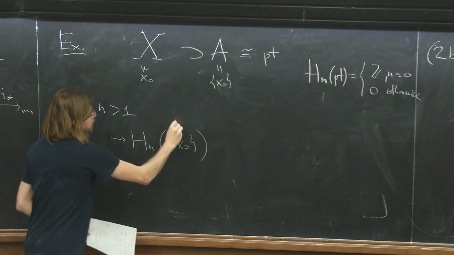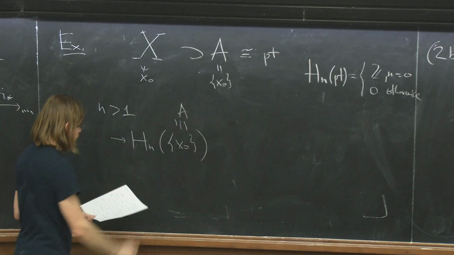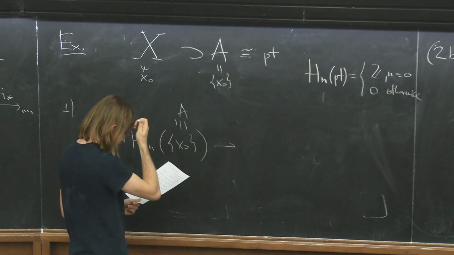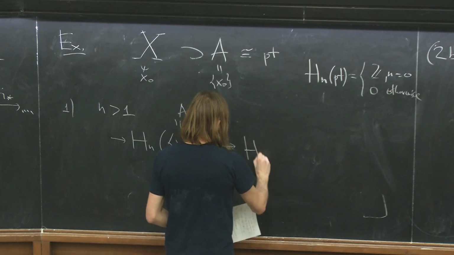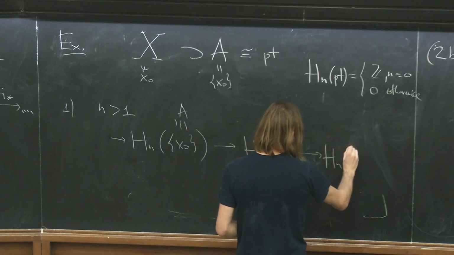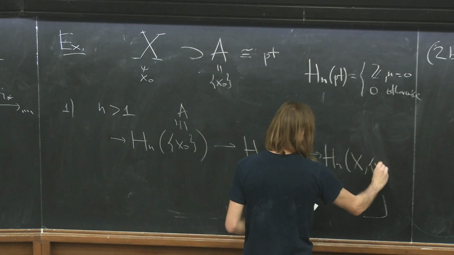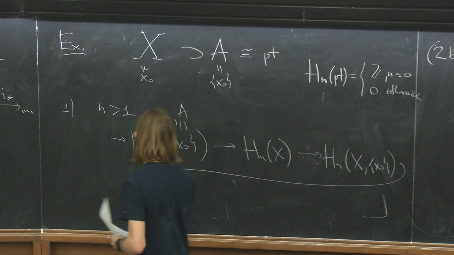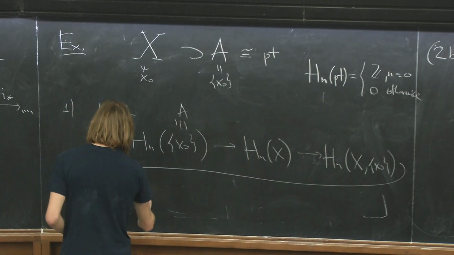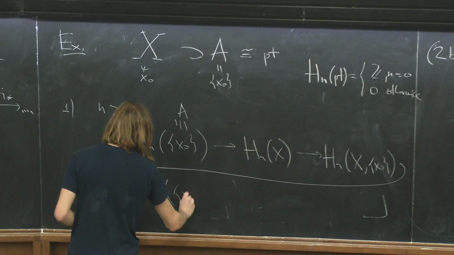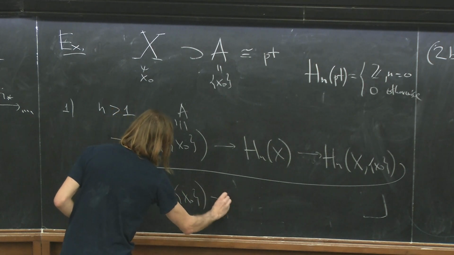We have H_n of this one-point space, then H_n of X, then the relative homology, and then H_{n-1} of this one-point space.